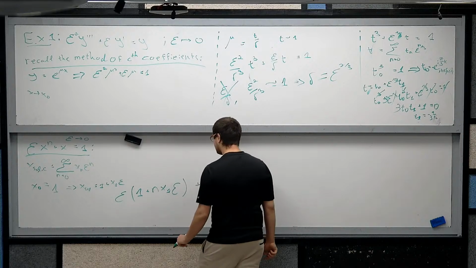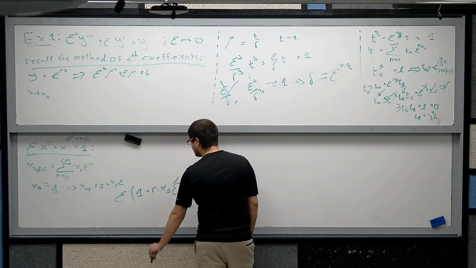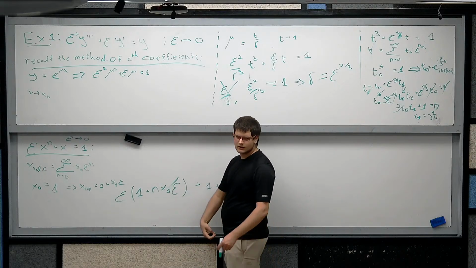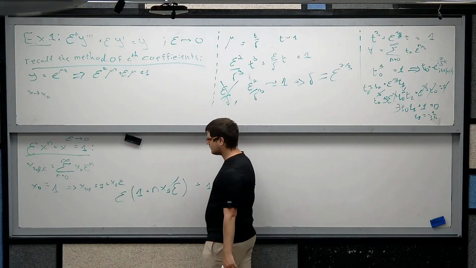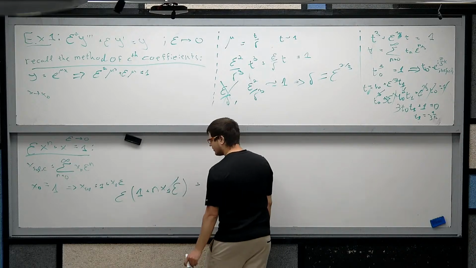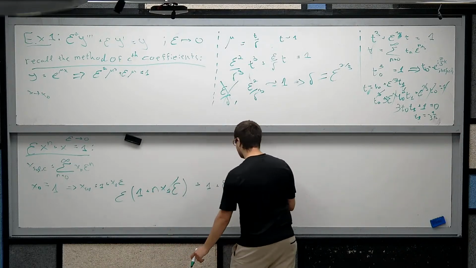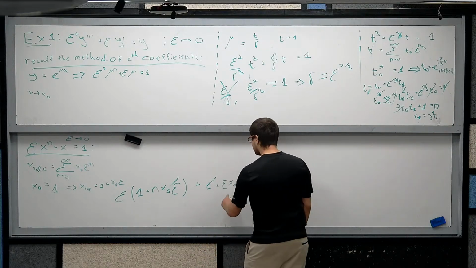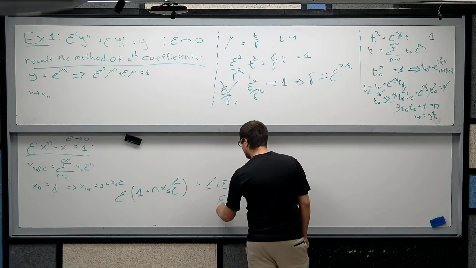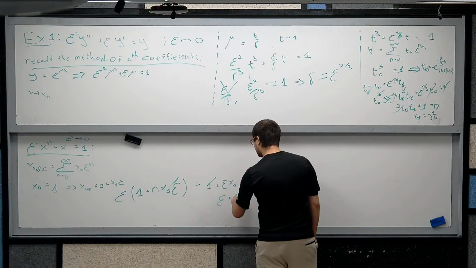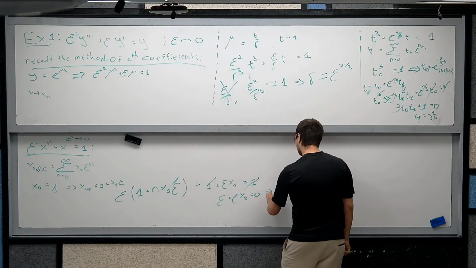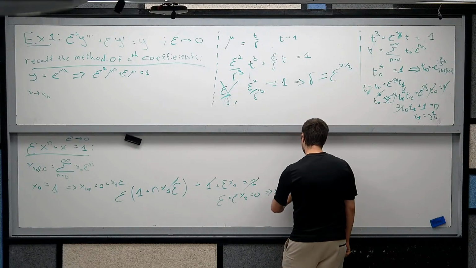So what we get here is that this vanished, because epsilon times that only contributes for the second order, the next order, and we find that we have the equation epsilon plus epsilon x1 equal to 0, therefore x1 equal to minus 1.